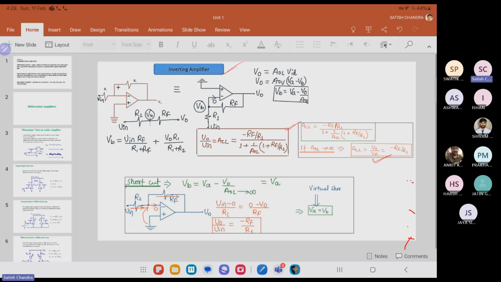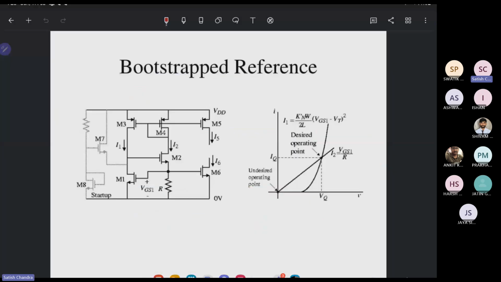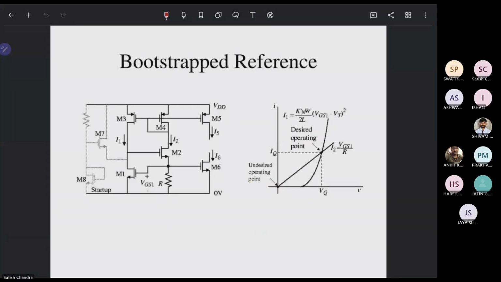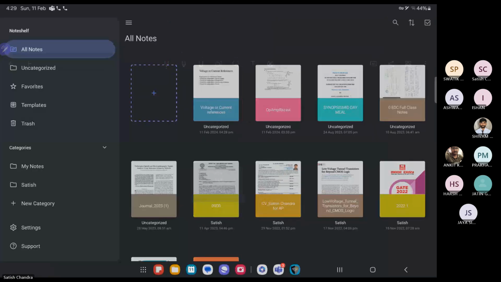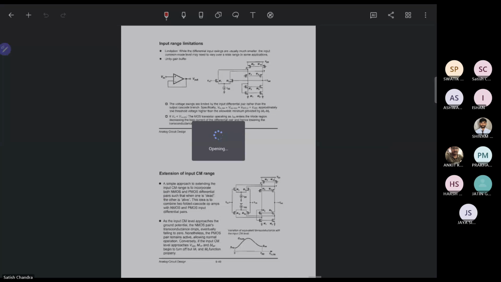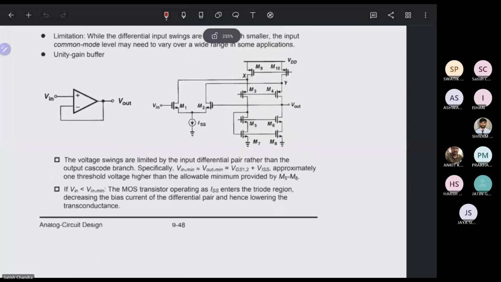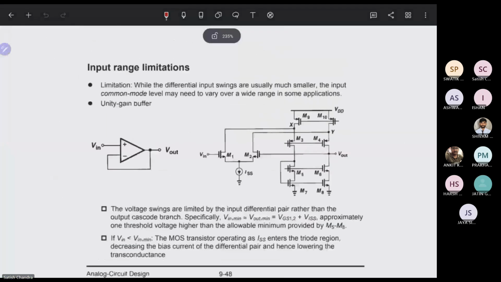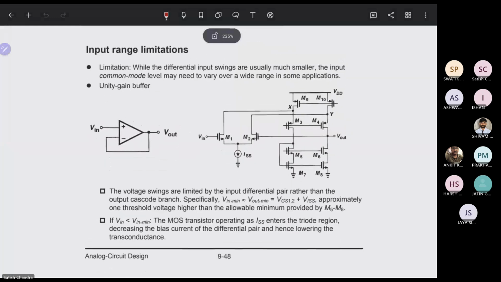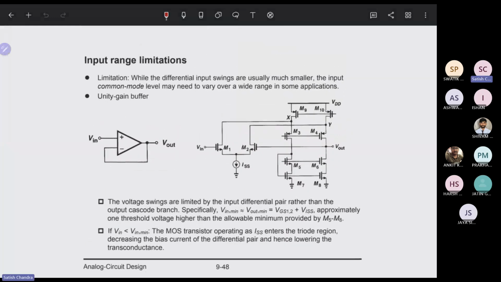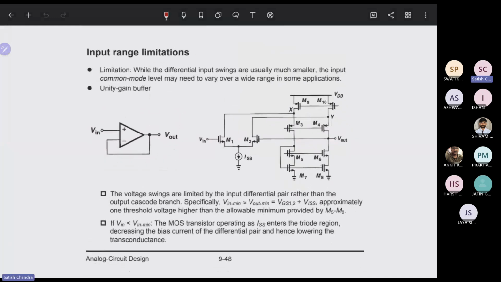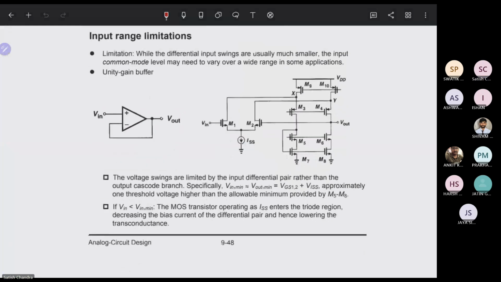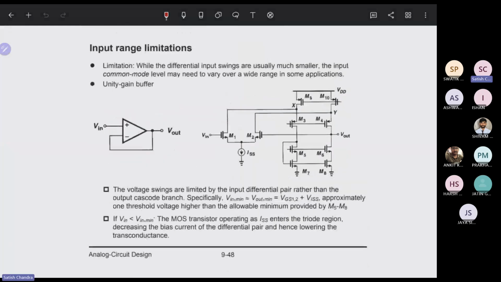Now we come to the research point of view.